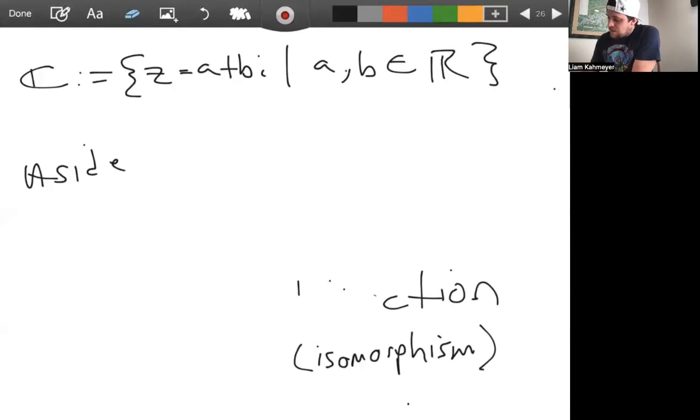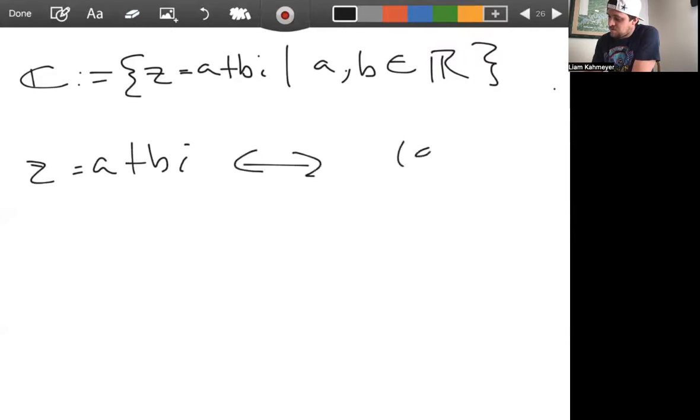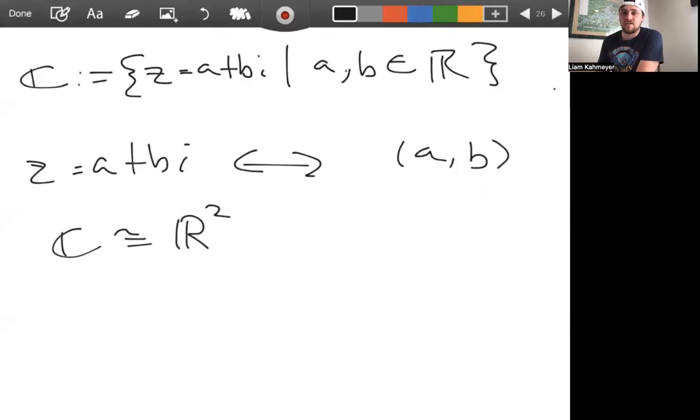Anyway, there's a bijection here between the numbers z equals a plus bi and ordered pairs (a, b), where a and b are in the reals. And because of that, we get an isomorphism between the complex numbers and R2, right? Namely one that sends the ordered pair (a, b) to a plus bi.